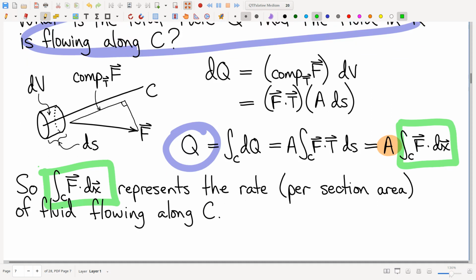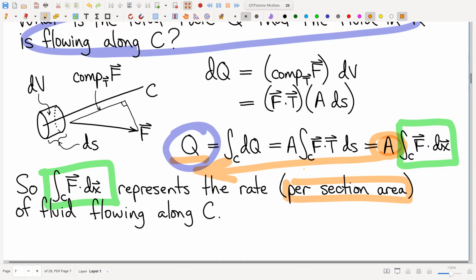Other than this factor of area, the line integral is the quantity that I've just computed. So all I have to do to account for that is recognize that I could divide the area over here and put it in the denominator. And then I'm going to, with that in mind, say, that's a little messy actually, I'm going to say per cross-sectional area.